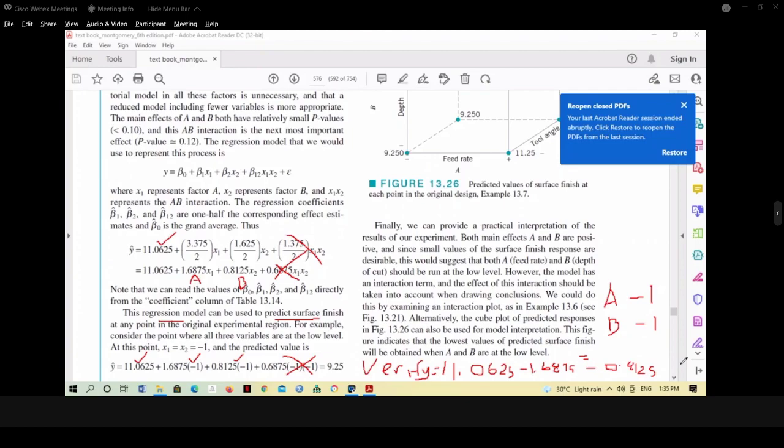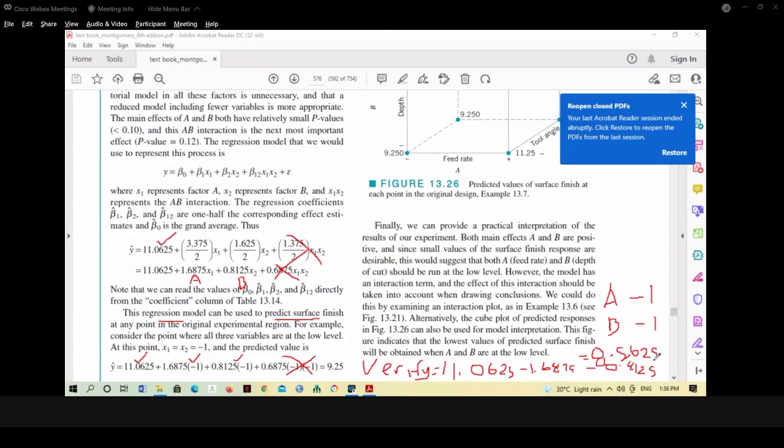So in theory, 11.0625 minus 1.6875 minus 0.8125 gives 8.5625.